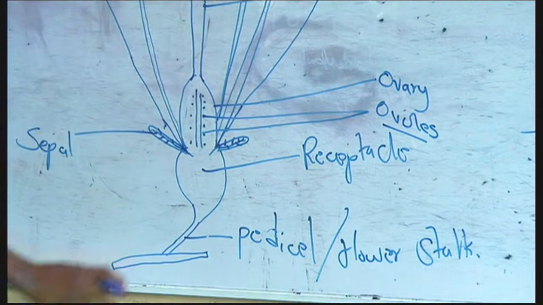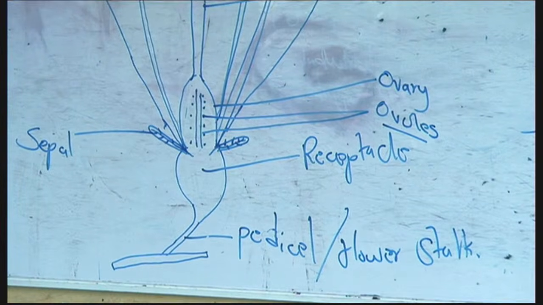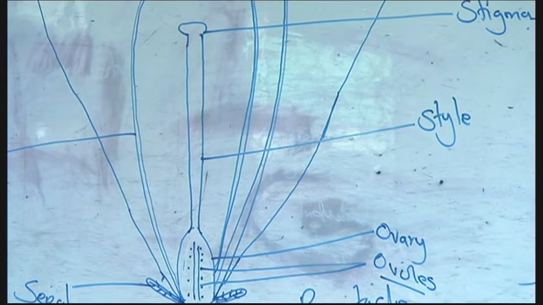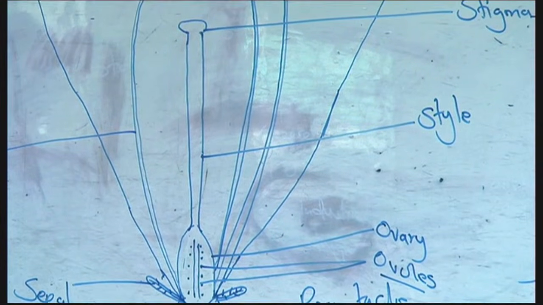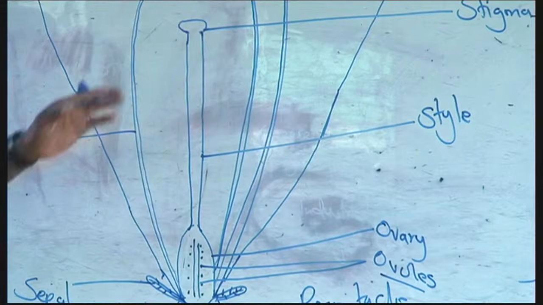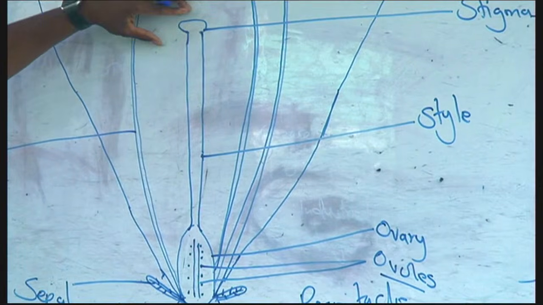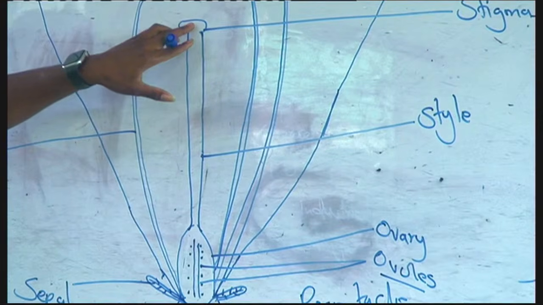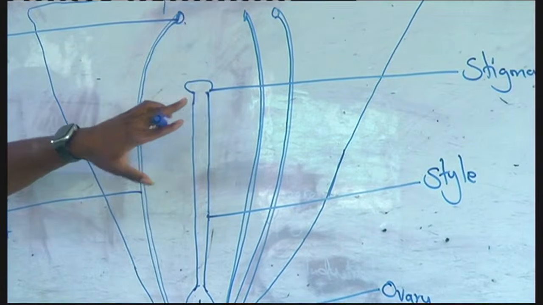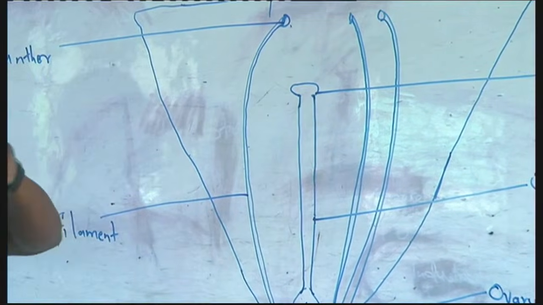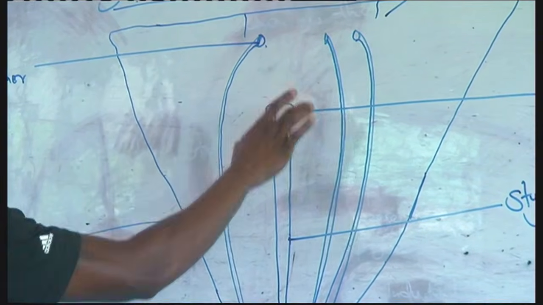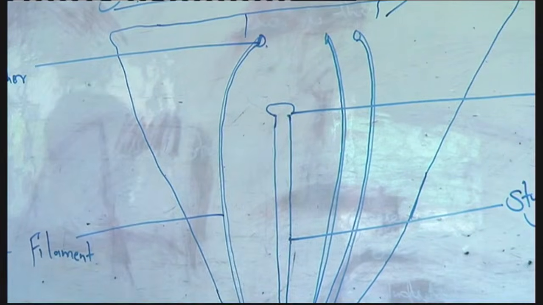And then when we move up to the style. During fertilization, because fertilization starts immediately after pollination, the pollen grain will be deposited on the stigma, where it will stick due to the chemical that is secreted by the stigma cells.